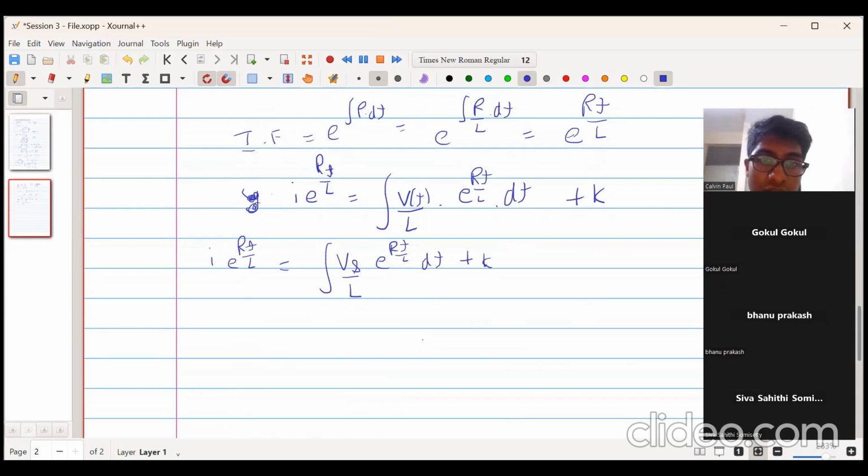When we integrate this, we will get i into e raised to Rt upon L is equal to Vs upon L into L by R into e raised to Rt upon L plus k. Any doubts in this?